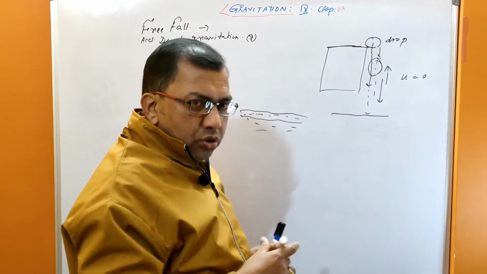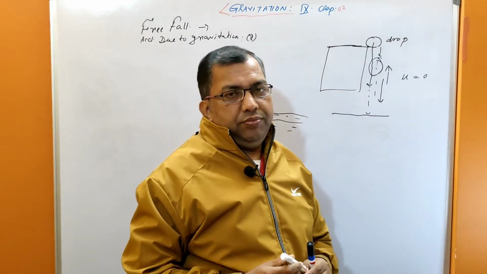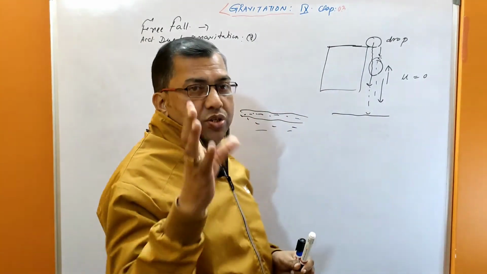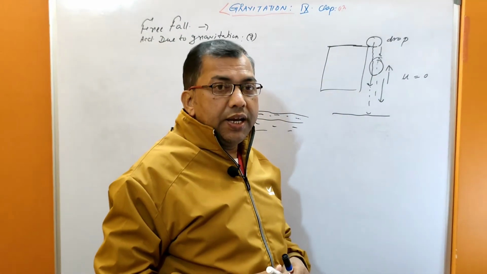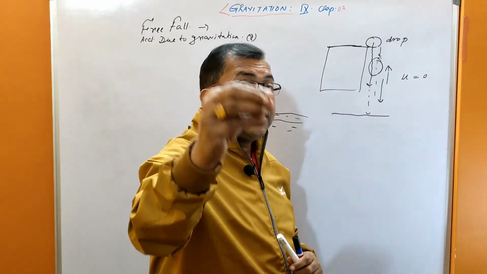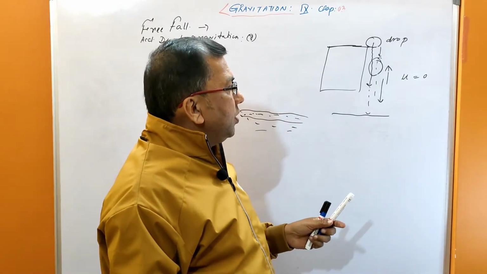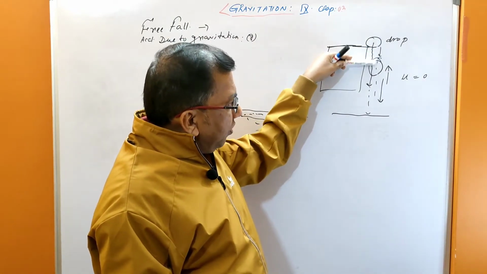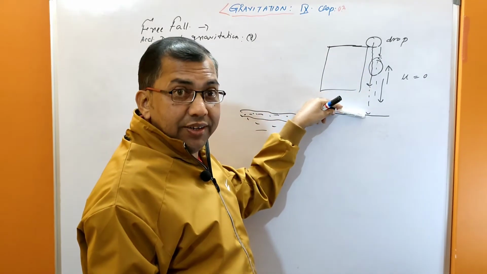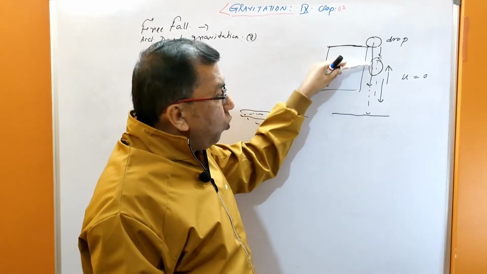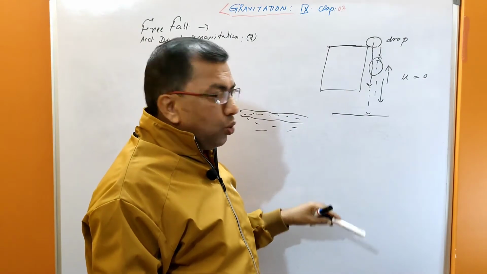For some time, if we omit air resistance, suppose there is no air resistance, that means the body is falling and only one force is acting there, that is the force of gravity of earth. There is no air resistance, no frictional force.